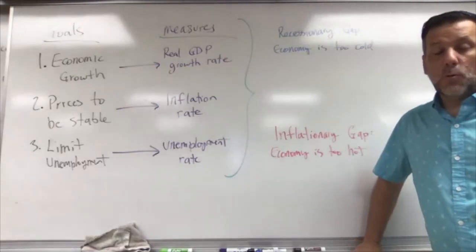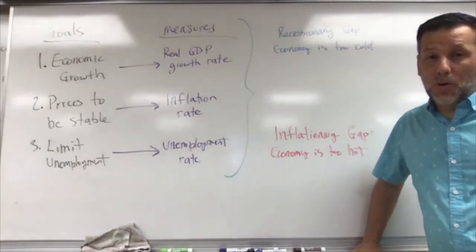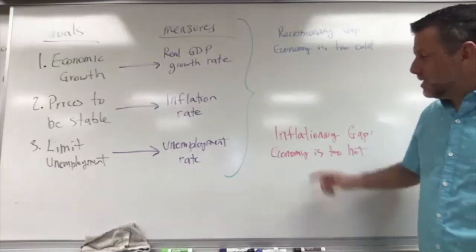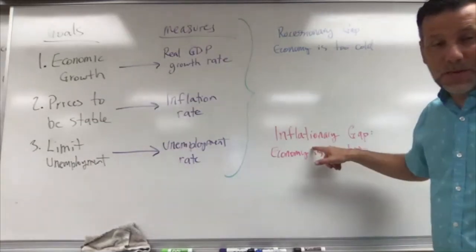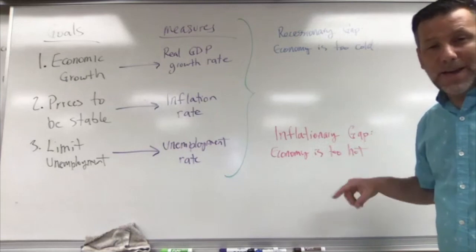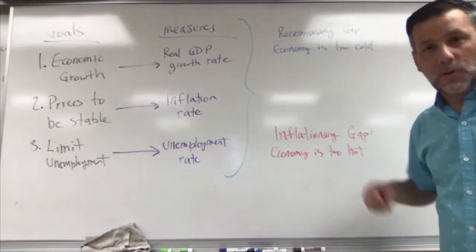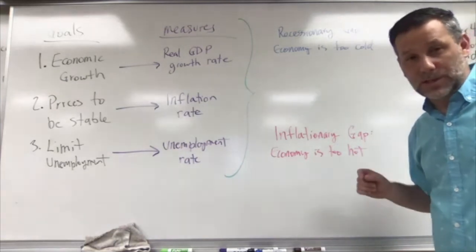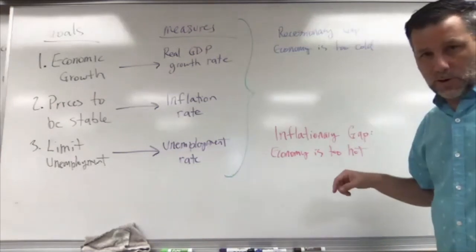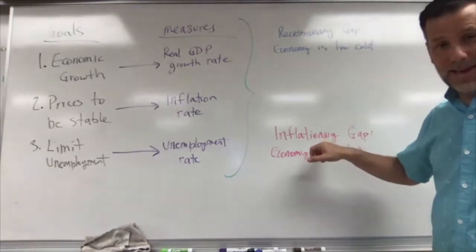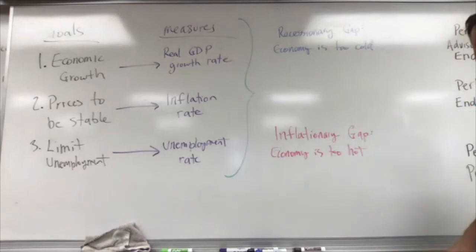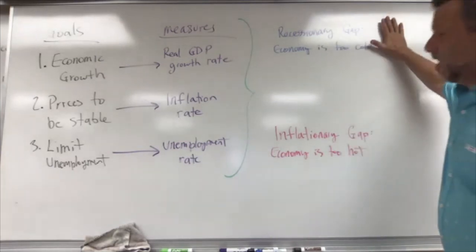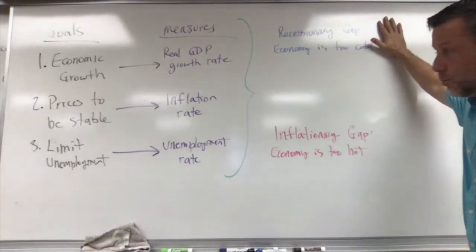This means that we're trying to produce more than we're capable of. This is the dot on the outside of the PPC. This is us trying to make more shoes and dresses than we actually have the resources to do. So we're going to start burning out our workers. That's the inflationary gap, the economy being too hot. Recessionary gap, our economy is too cold.